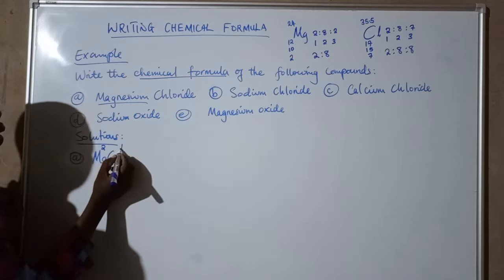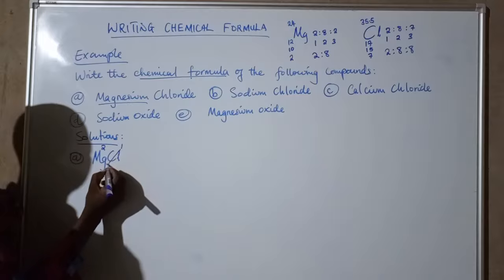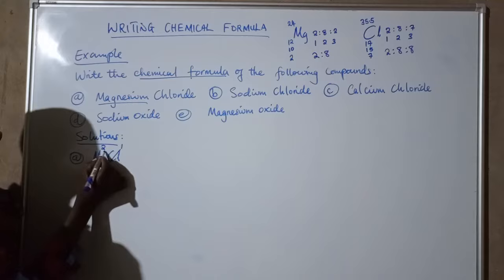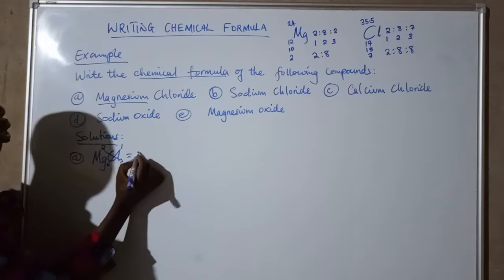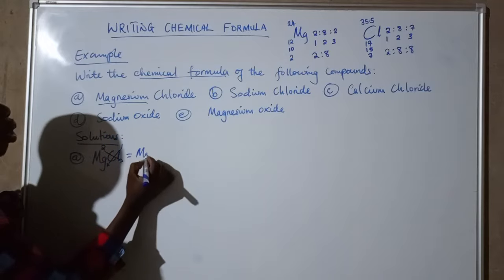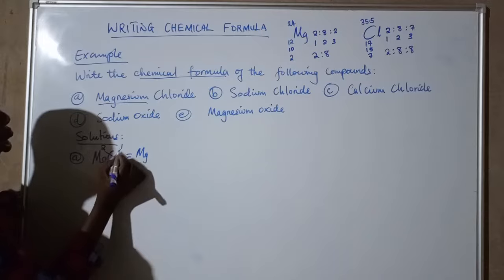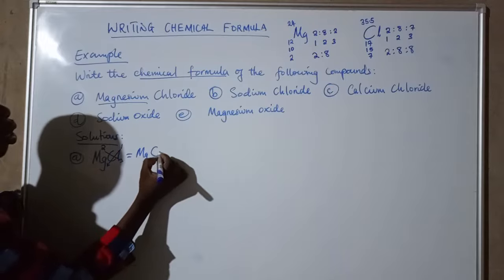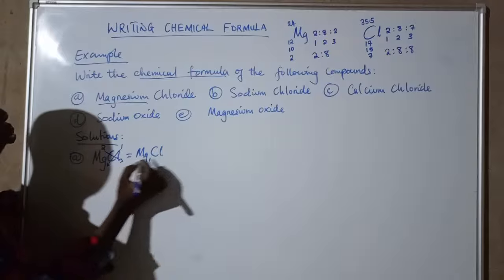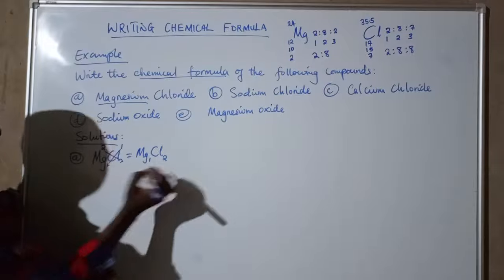This one should come here, and then these two should come here. So that now it will be like this: magnesium with this one down here, and then chlorine like that with these two down there.